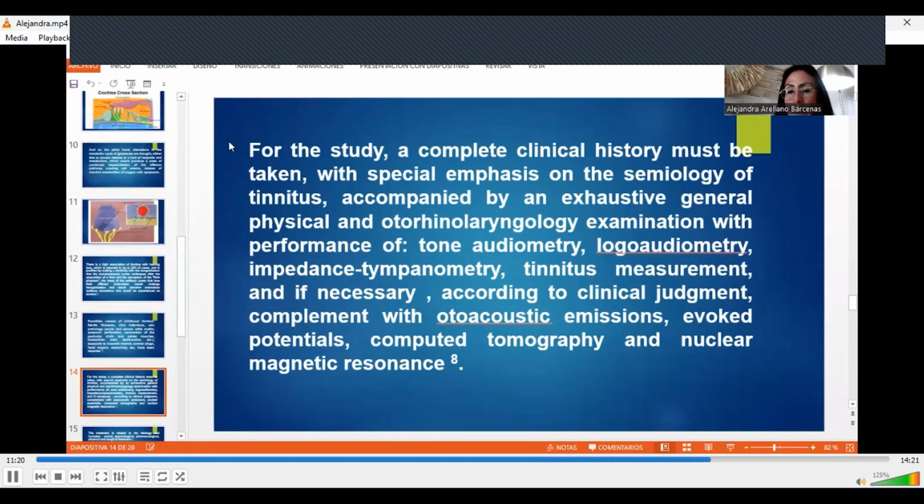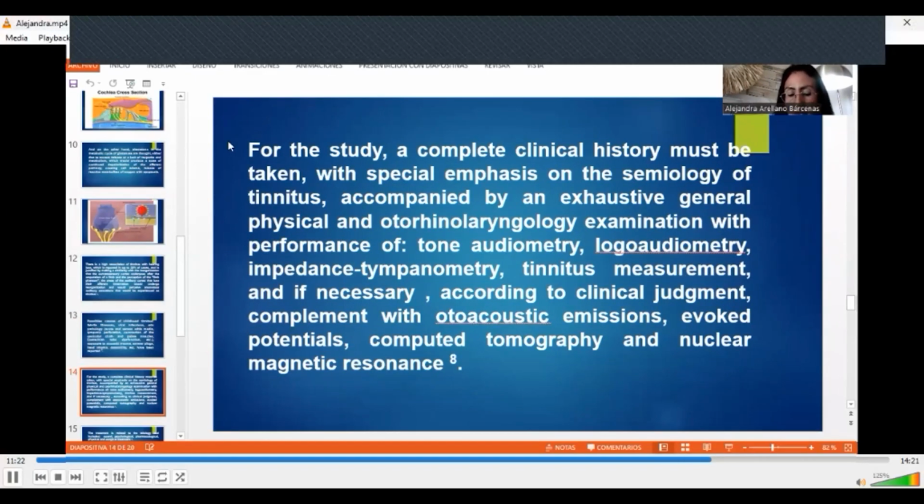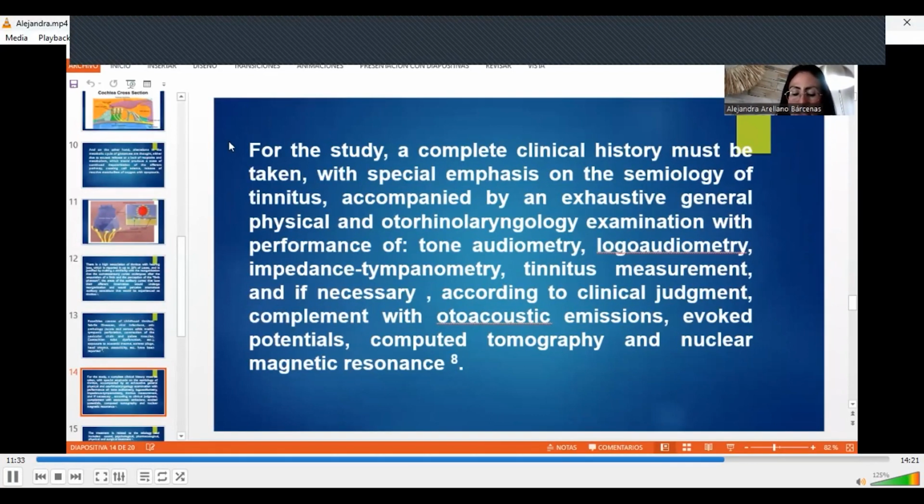We think that if necessary, according to clinical judgment, we need to do otoacoustic emissions, evoked potentials, computed tomography, and nuclear magnetic resonance.